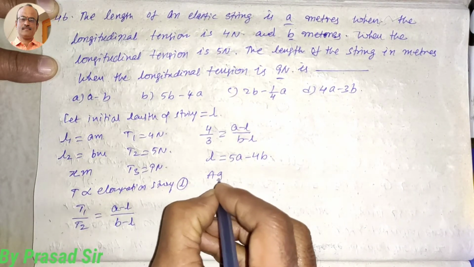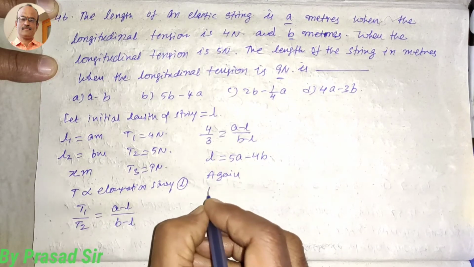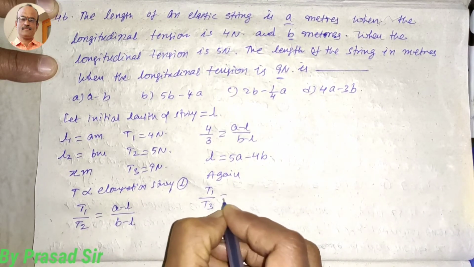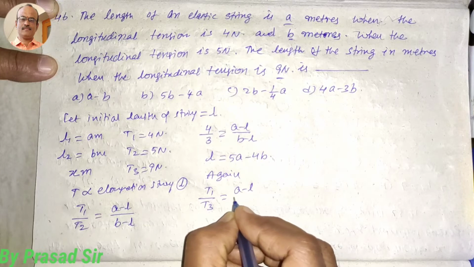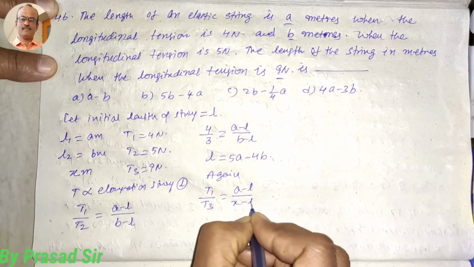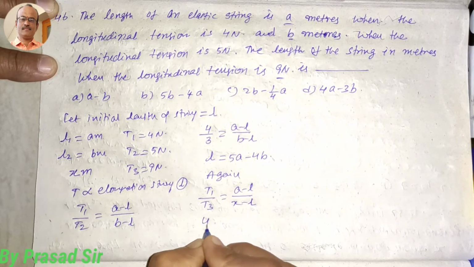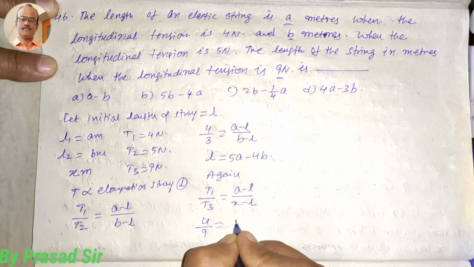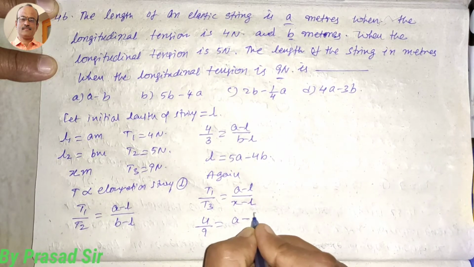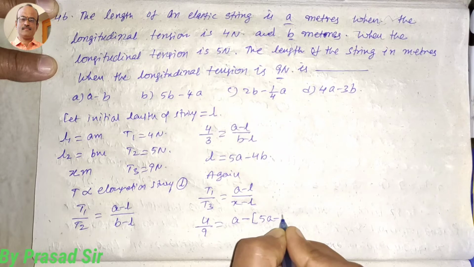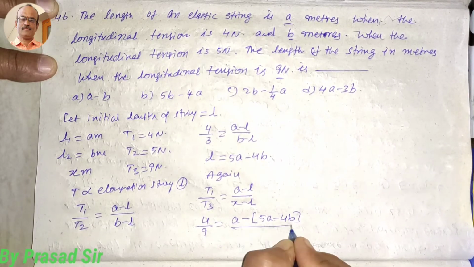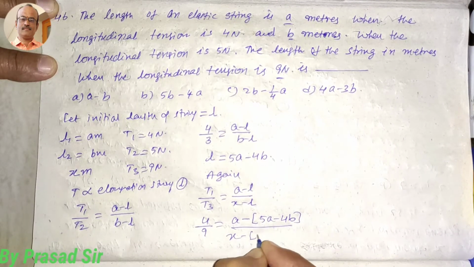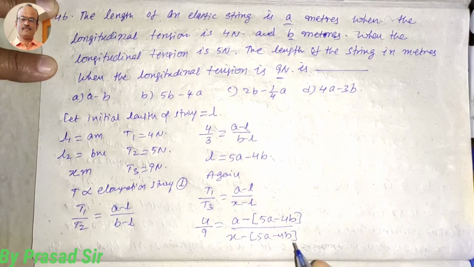Now we take again T1 divided by T3 is equal to A minus L divided by x minus L. So T1 is 4, T3 is 9, equal to A minus L, where L is 5A minus 4B, divided by x minus 5A plus 4B.